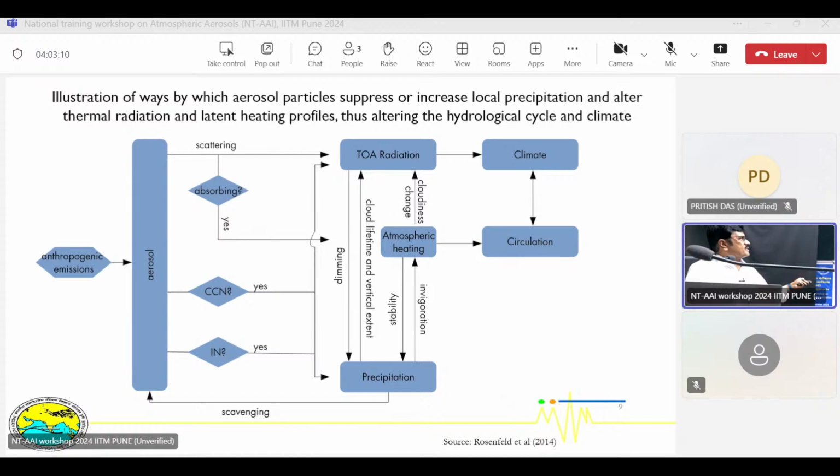So they can influence the radiation reaching the surface. We call this solar dimming. In a way, it counteracts the greenhouse warming at the surface, but in the atmosphere, depending on the nature of the aerosols, if they are strongly absorbing, they can also warm the atmosphere. Okay, so there is heating in the atmosphere, which will lead to a change in circulation, and also a change in the climate.